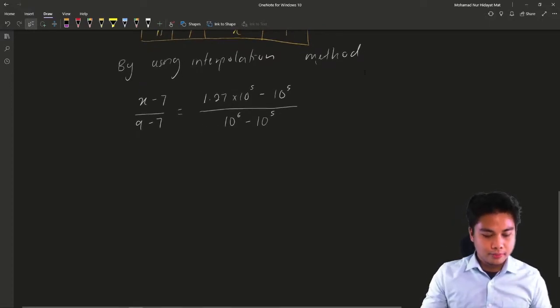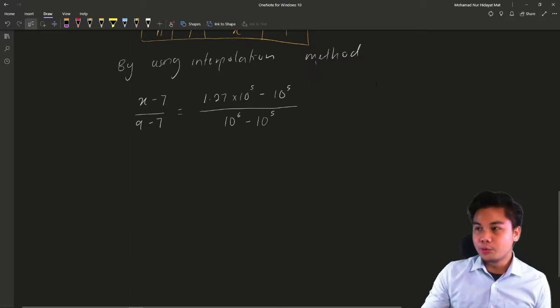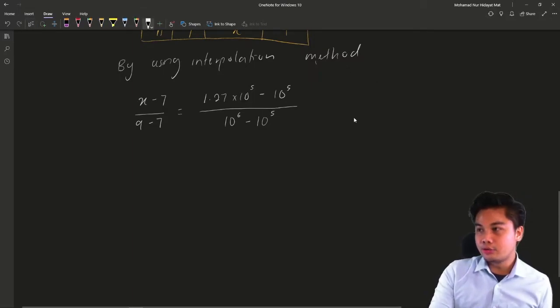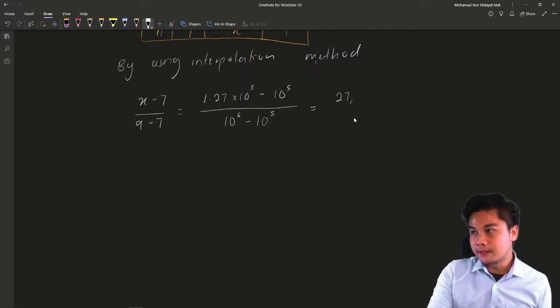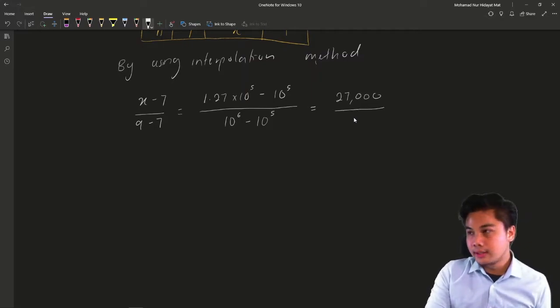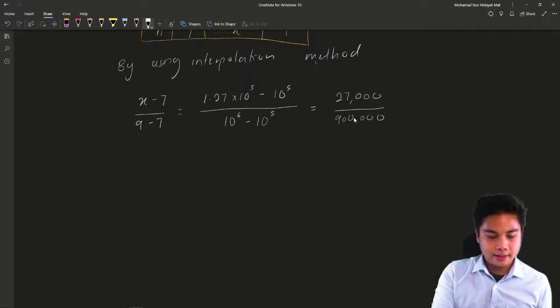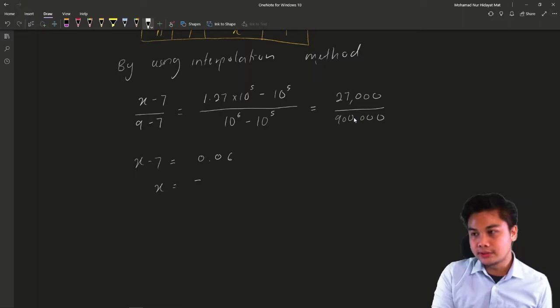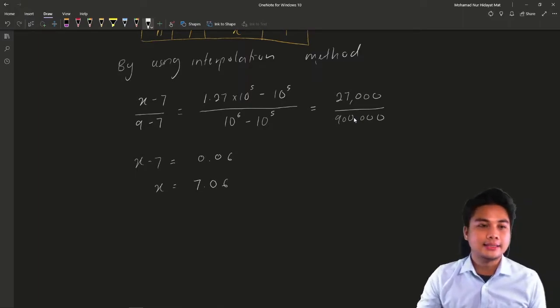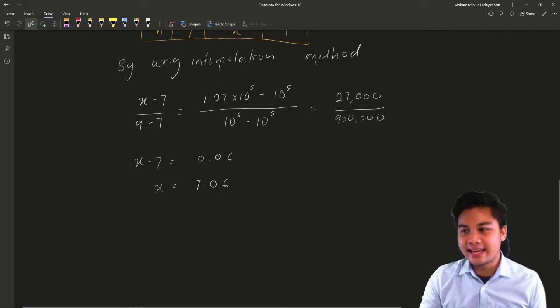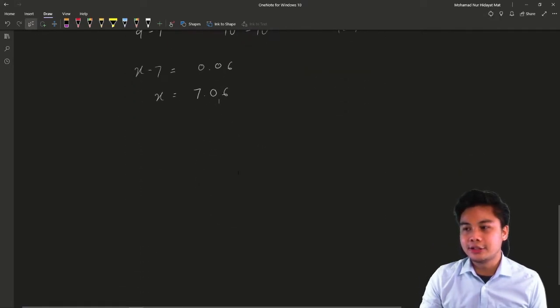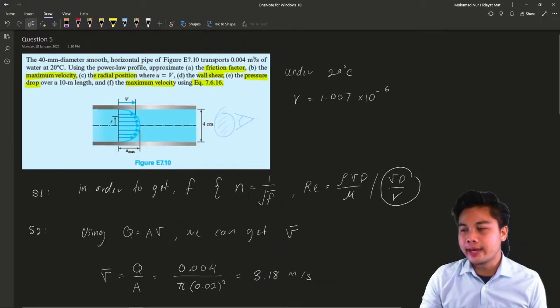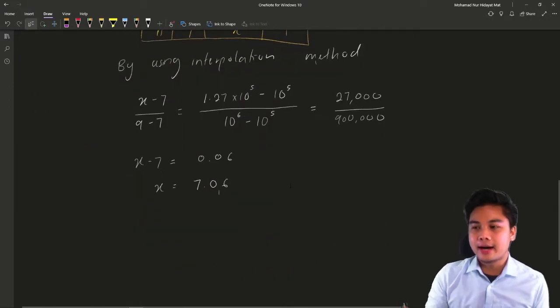Using your calculator, you will get 27,000 over 900,000. Simplifying, x minus 7 is 0.06, and finally x equals 7.06. This is the number we are looking for, so n here is 7.06. After we get the value of n, we can get the friction factor from this formula. Alright, step number 5.